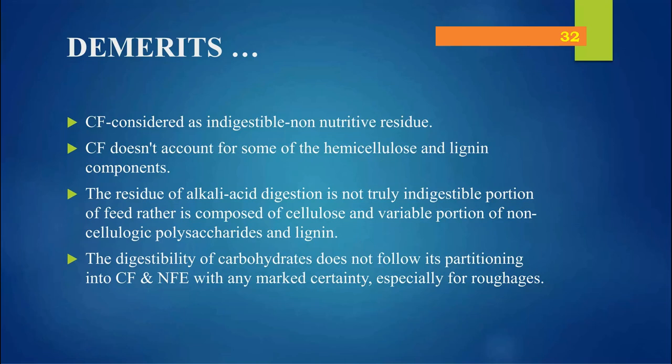Then it also has some demerits of including feedstuffs which are not useful for the animals. And another thing is the crude fiber, as the name indicates, it doesn't account for some of the hemicellulose and the lignin, or many more contents that are there.